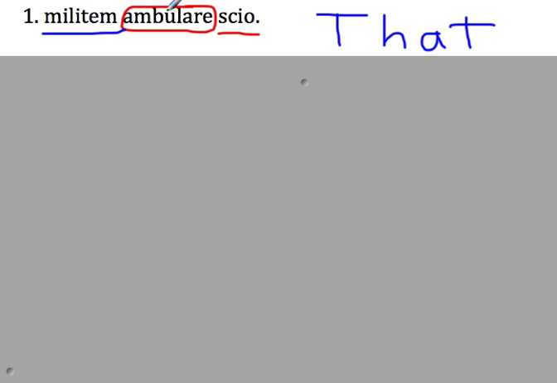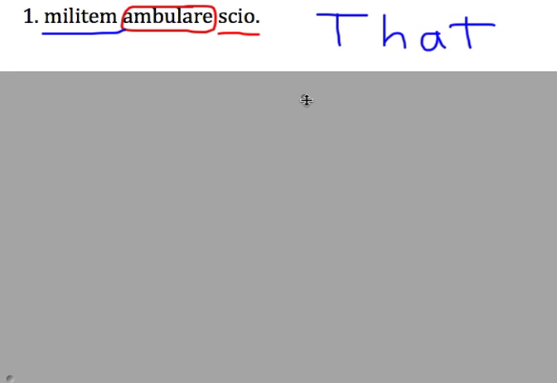But I didn't translate the infinitive like an infinitive. I said, I know that the soldier is walking. I translated my infinitive like a normal verb. That's what happens in an indirect statement.